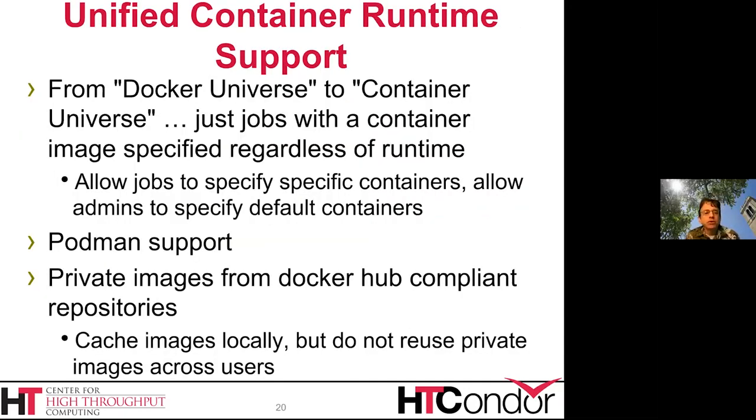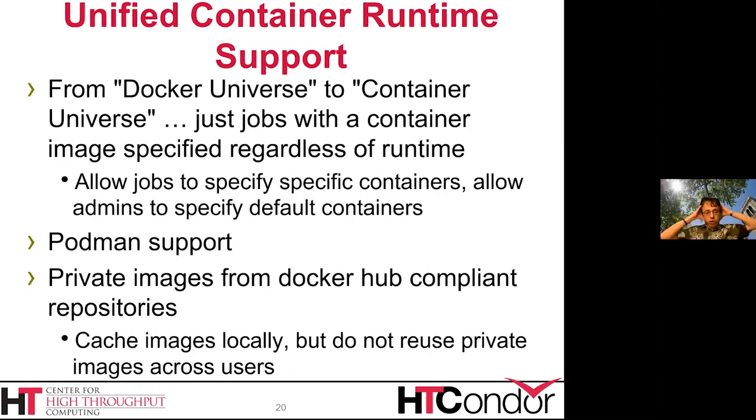We support containers through Docker Universe and Singularity support, but we want to move away from Docker jobs or Singularity jobs to just container jobs. So users don't care if we use Docker or Singularity or something else to run their container. They just want to specify that they have a container.